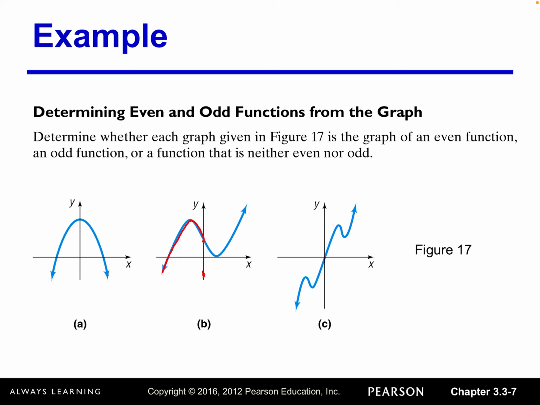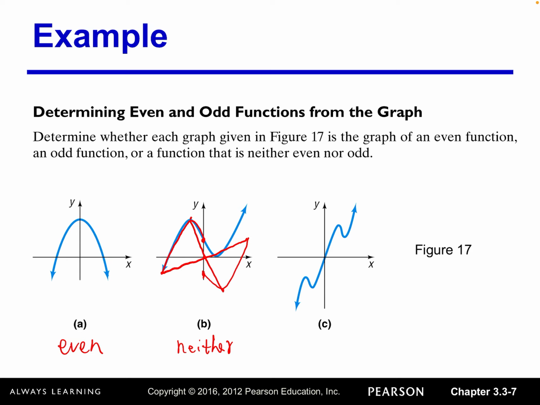This point would be symmetric with respect to the origin, and this one goes through here, and this one should go through here, so it should look like that, right? It's different from this. So this is not an even function, and it's not an odd function. So that belongs to neither. Okay, the first one is an even function.